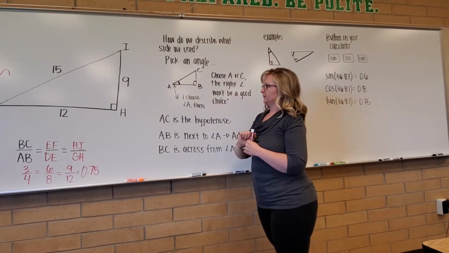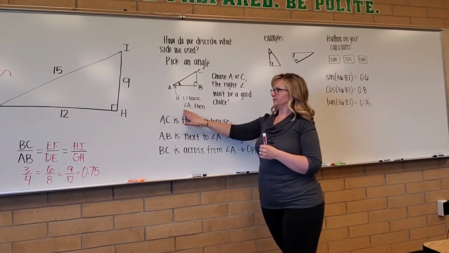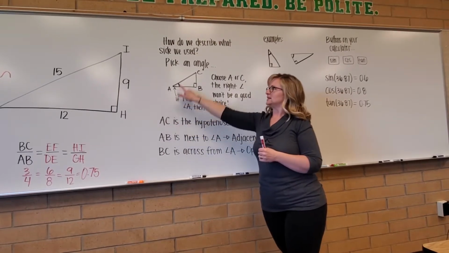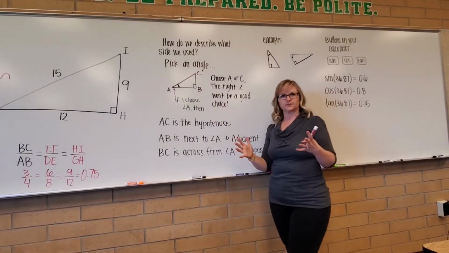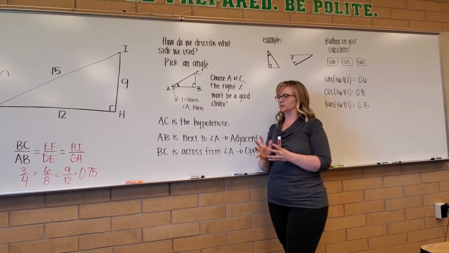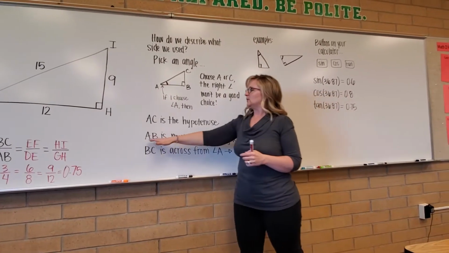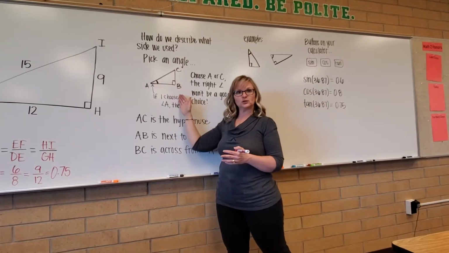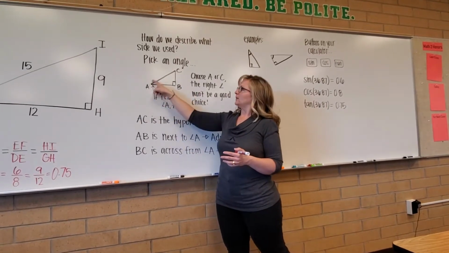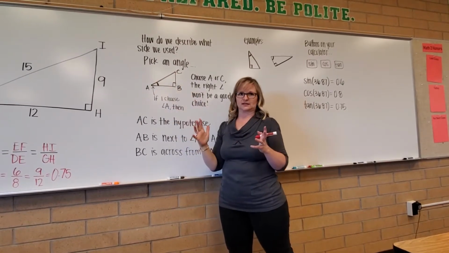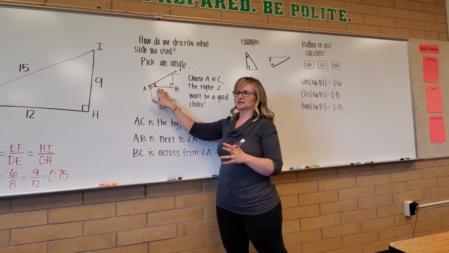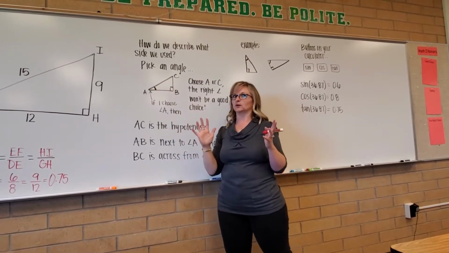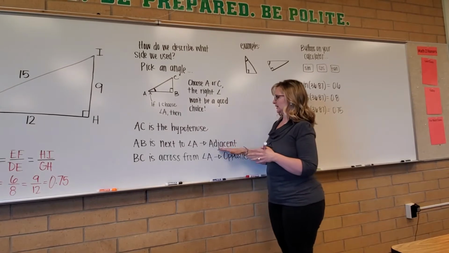I picked A. So if I choose A, then side AC is the hypotenuse. We already know that. That's a vocabulary word that should be familiar to you. But AB, I would describe as being next to angle A. The hypotenuse is as well, but it already has a name. So AB is the side that's next to. In math, the fancy word we use for next to is adjacent.